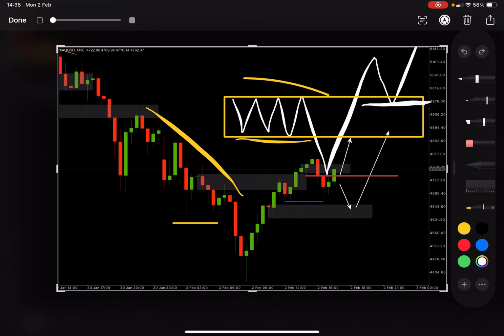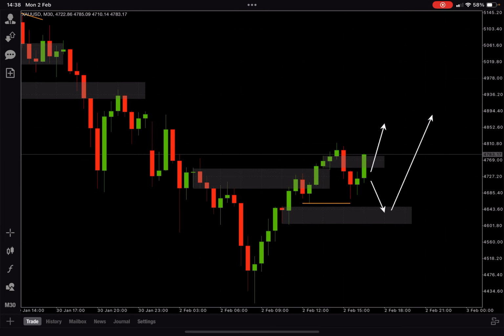So the structure behind manipulation and the understanding of it makes perfect sense, and that gives you confidence in how to trade gold, because that is how the structure of gold is taking place.